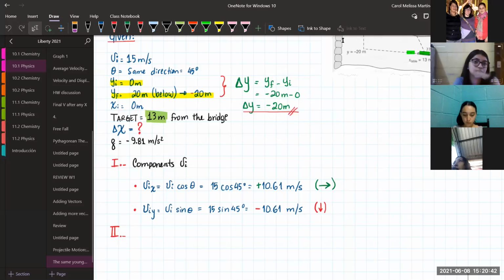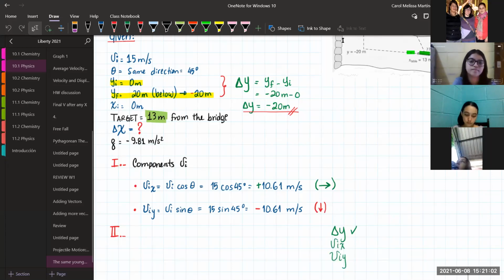Now, using all the data that we have, we have delta y, we have the velocities vix and viy.